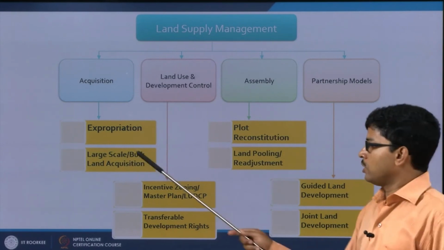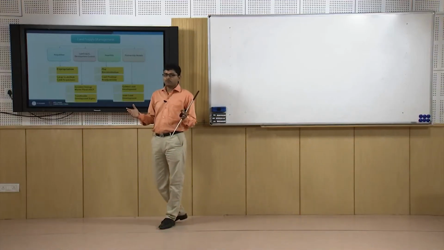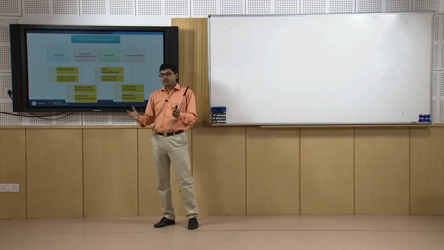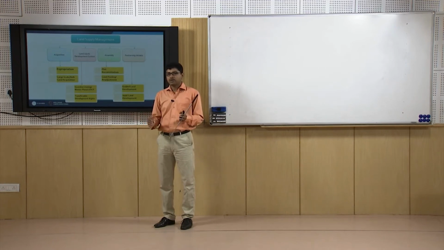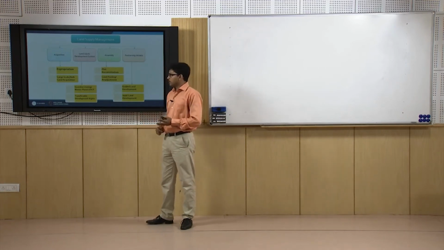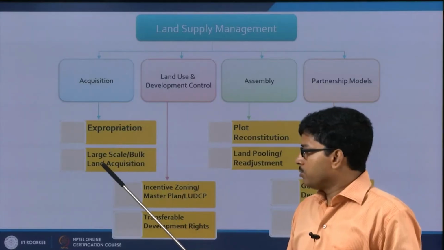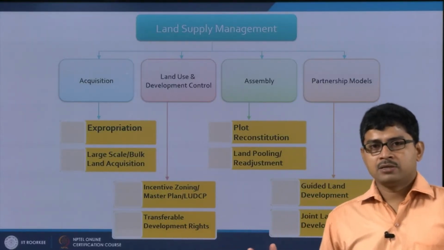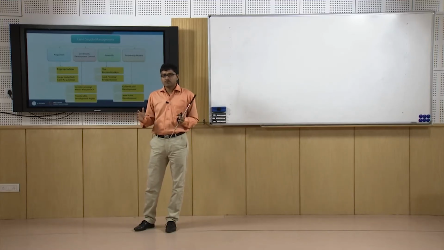Sometimes it is called expropriation, which is nothing but that for any public purpose the government can take any property, it may be land, it may be a building also, but in return the government has to provide adequate compensation. Other than this, government can take large scale land as an input to very big infrastructure development or industrial development.